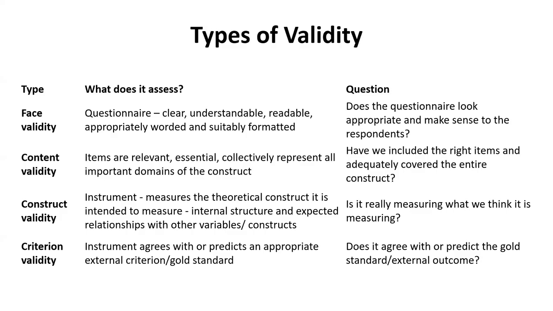So what is the way you should construct or deconstruct your instrument is what this construct validity is all about. So your EFA, CFA, all this comes under your construct validity. So here the question you are trying to answer is, is your tool really measuring what we think it is measuring?